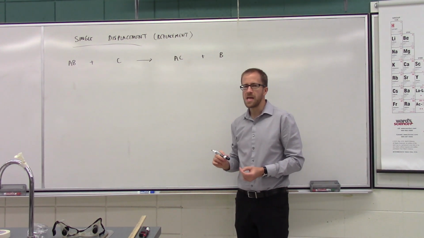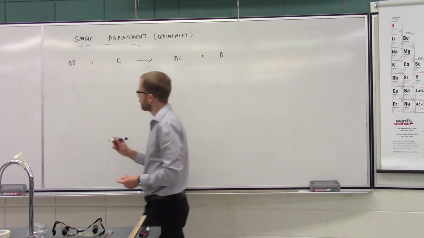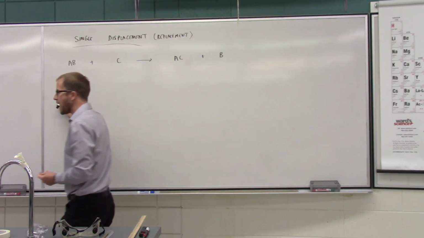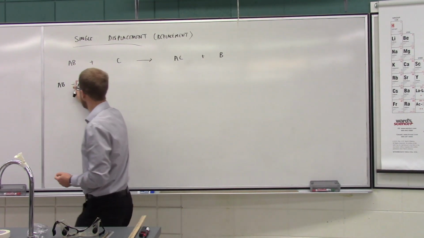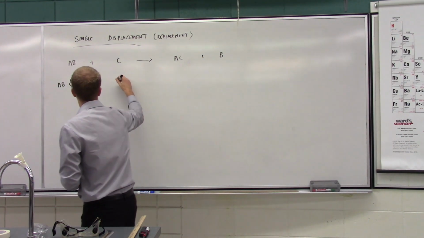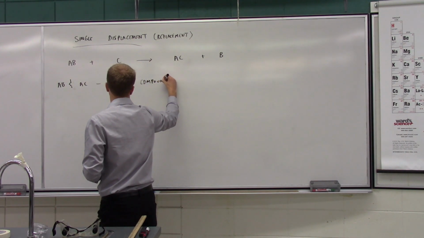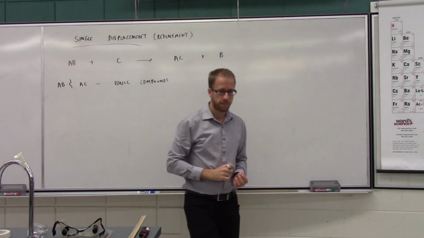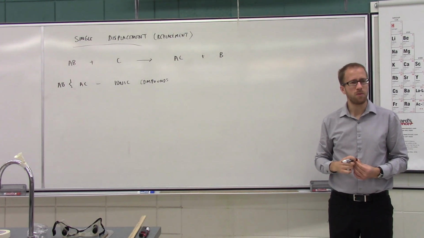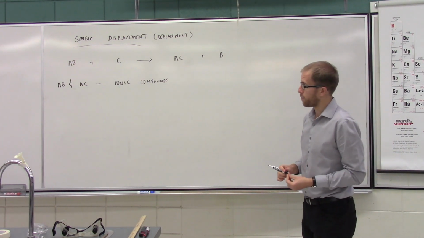Now here, what do you think AB represents? When I give you single displacement reactions, AB and AC will always be ionic compounds. So for this course, when you're given single displacement reactions, AB and AC will always be ionic compounds.